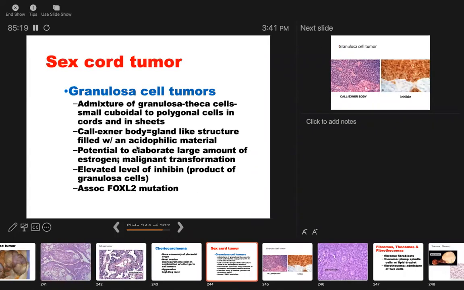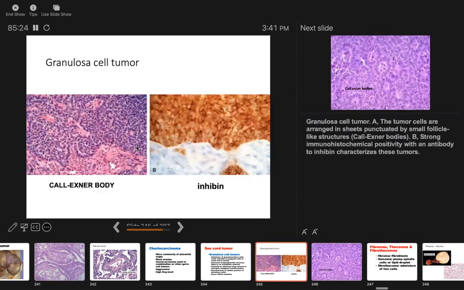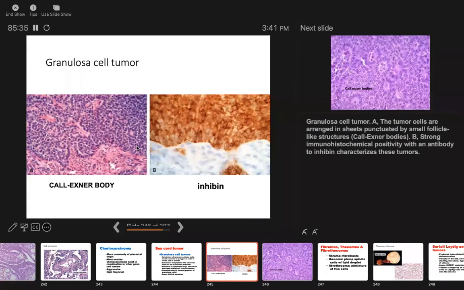These Call-Exner bodies stain positively. Strong immunohistochemical reaction is expected for inhibin. So if you're thinking of a granulosa cell tumor, you have to see Call-Exner bodies. The next stain that you should look for or request as a marker would be inhibin.